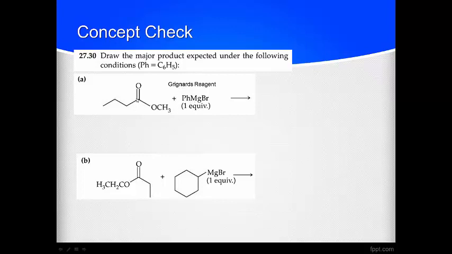We will then have the formation of the O-, and the elimination of that OCH3, so we would get this product here. With this one, we have a similar reaction attacking that carbonyl carbon and this side being eliminated, so we will get this product here.